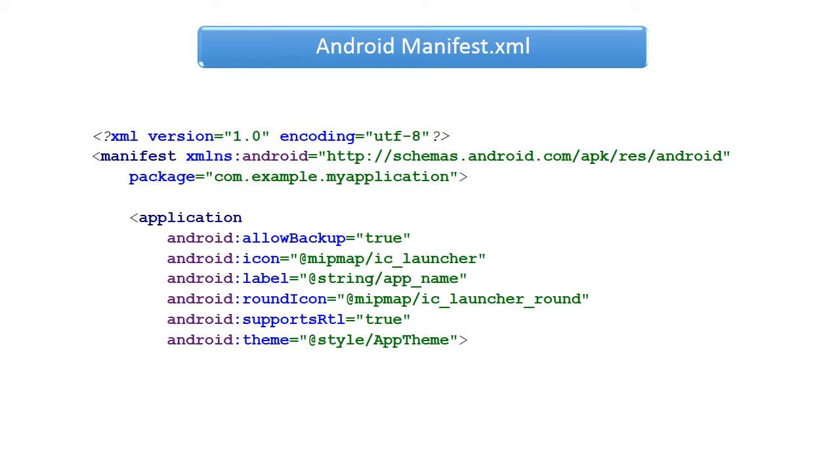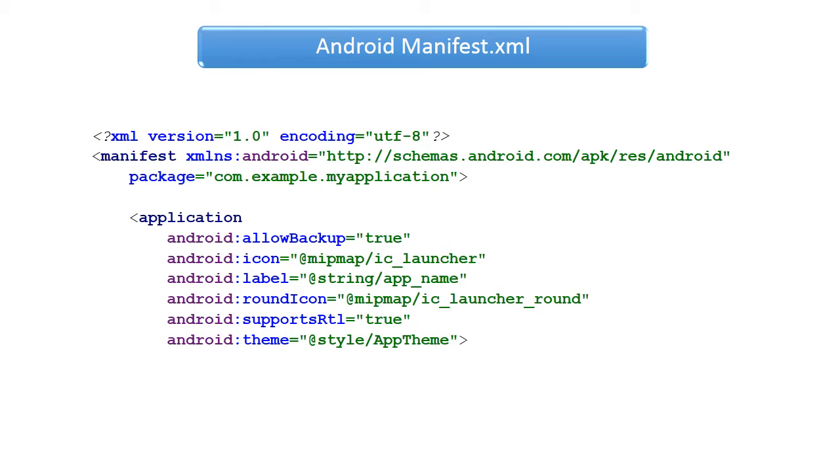The manifest file also specifies the application metadata, which includes its icon, version, version number, theme, etc. Additional top-level nodes can specify any required permissions, unit tests and define hardware, screen or platform requirements.